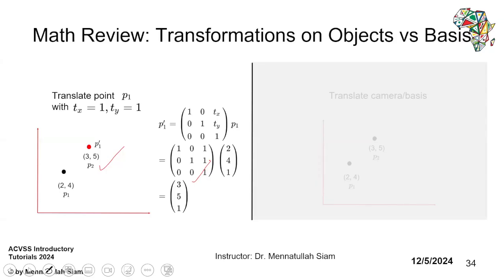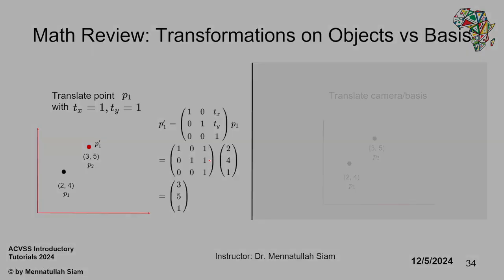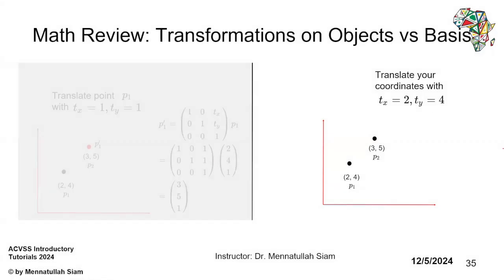Now, if I want to translate the coordinate system itself, that's different. Let's say I have here this red coordinate system. So this is my x and y. And I have here point P1 and point P2 with respect to this coordinate system.